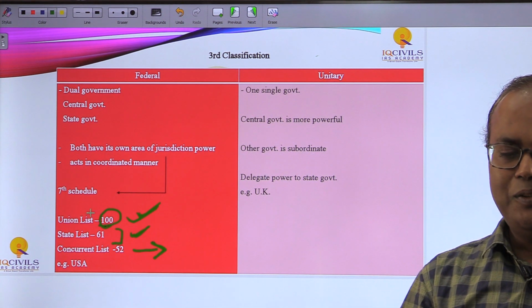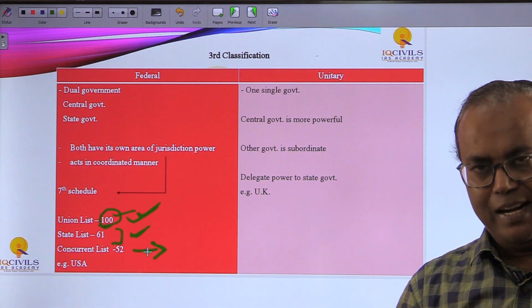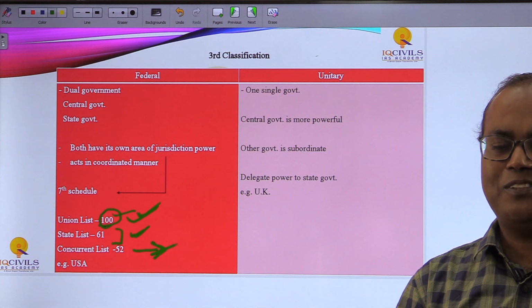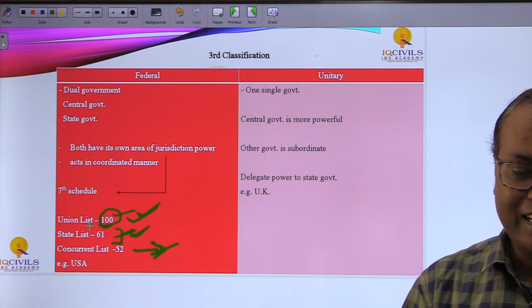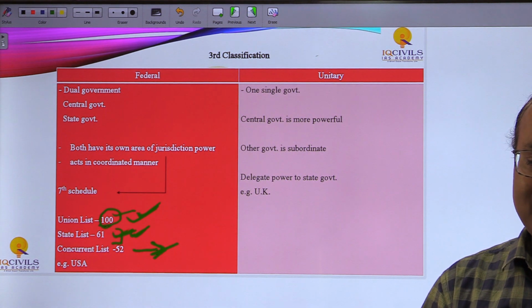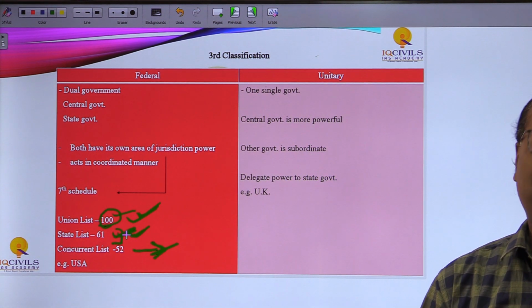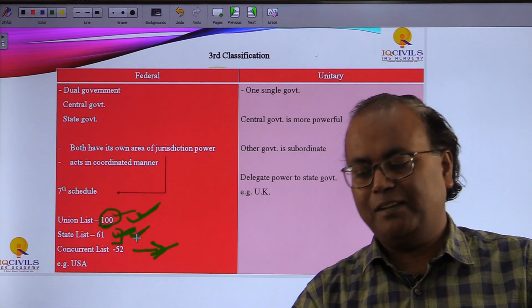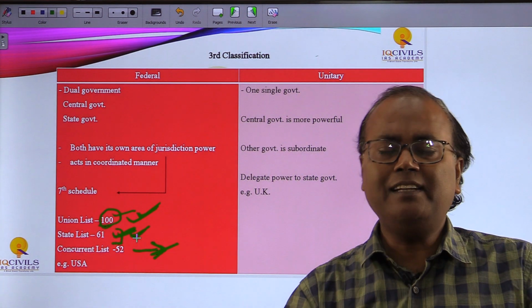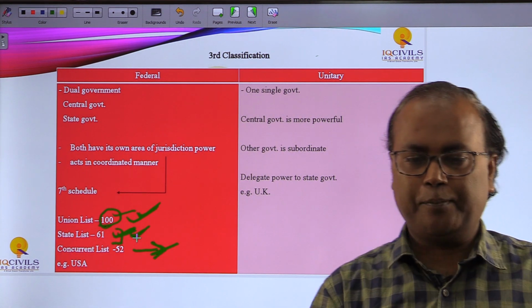So the union list is open to Parliament, the concurrent list is open to Parliament, even the state list is open to Parliament. But in the case of a state, it is only the state list, and even there it does not have an exclusive right, and in the concurrent list certainly the Parliament's law is going to have overriding power.